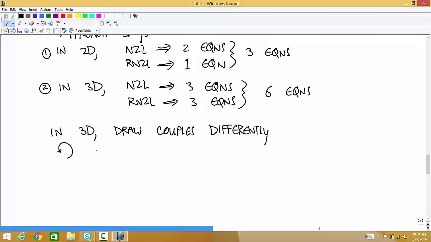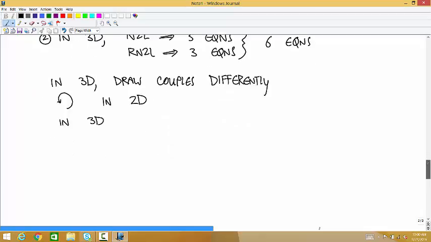So this is how we did it in 2D. In 3D, it'll look like vector components, because that's what it is. Moments are vectors, and they have components. But instead of a single arrowhead like we use for forces, we're going to use a double arrowhead like this.